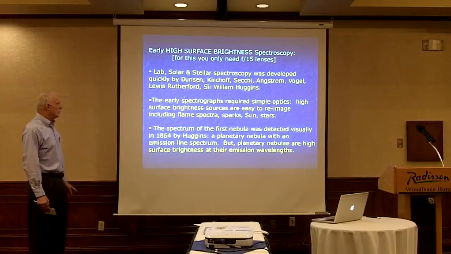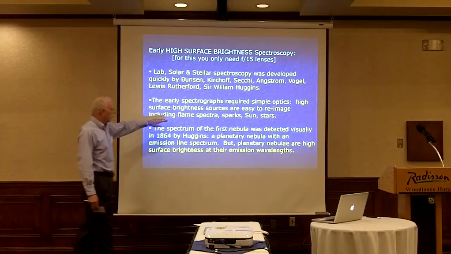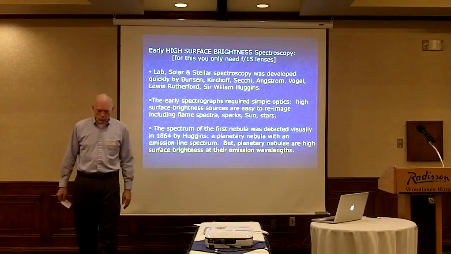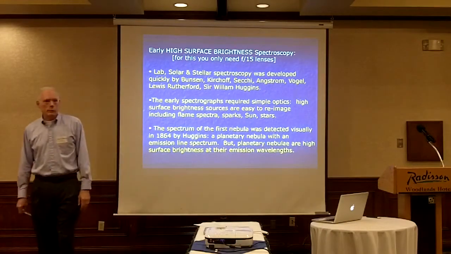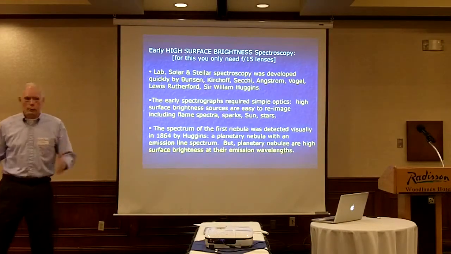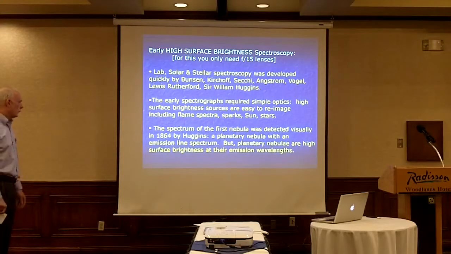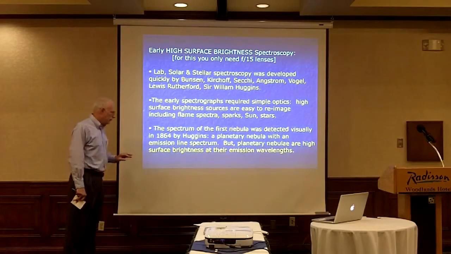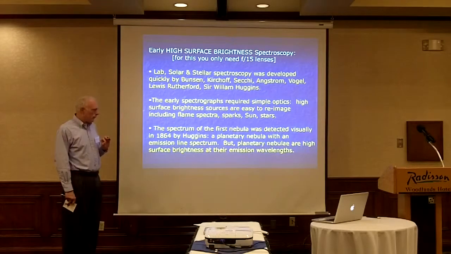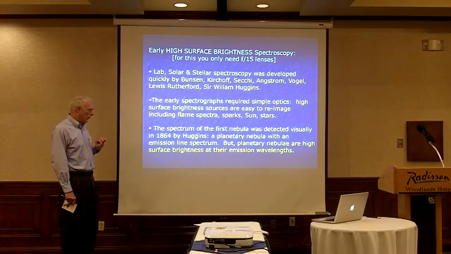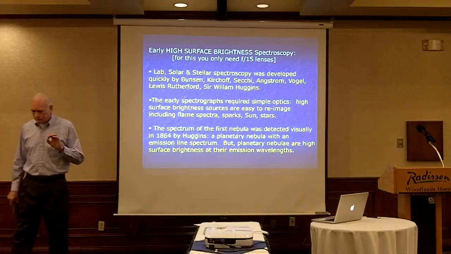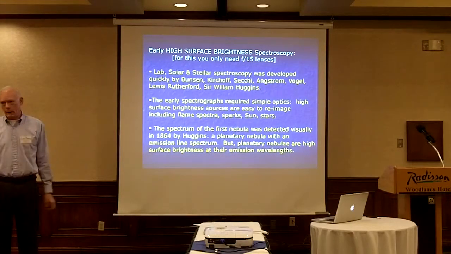And all of these spectra of sparks, the sun, and stars required very simple optics. People use things that you might consider off the shelf, long focal length lenses. And the only nebulae that were actually resolved spectroscopically in that early era were planetary nebulae, because they also have a high surface brightness.